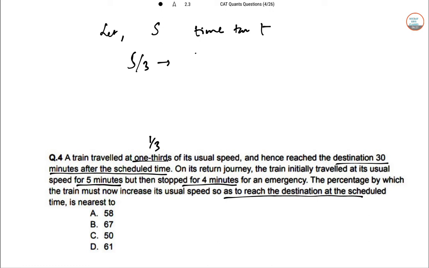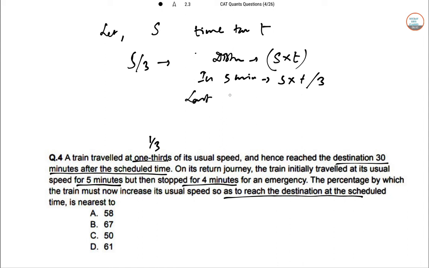The distance travelled is s times t. The distance travelled in the first 5 minutes in the return journey is s times t divided by 3, and the distance travelled in the last part is 2st by 3.